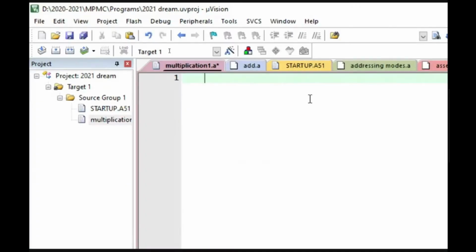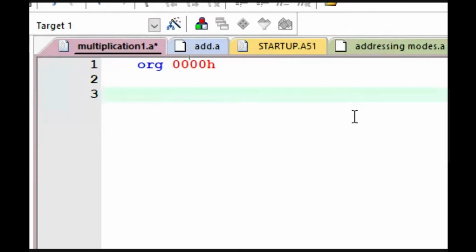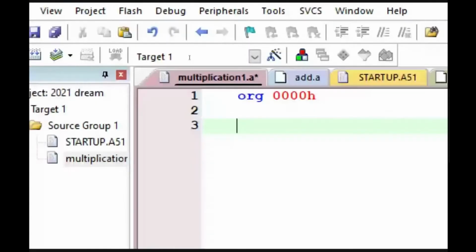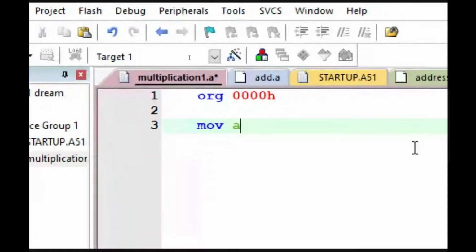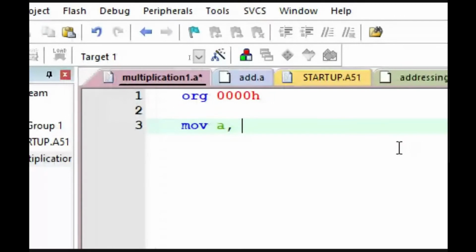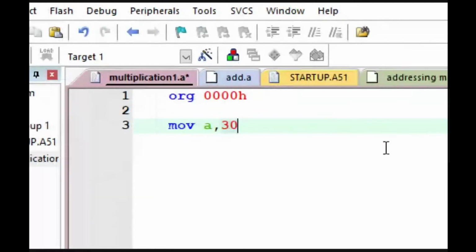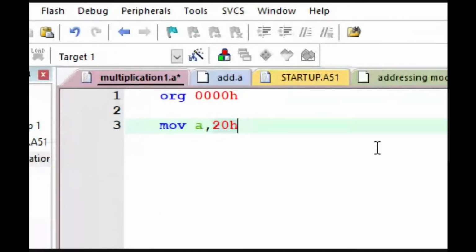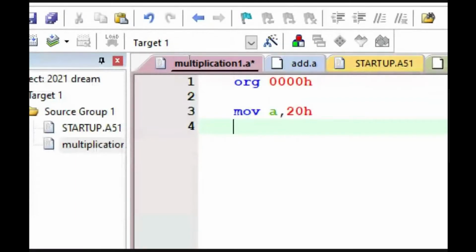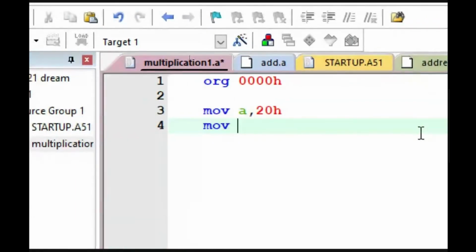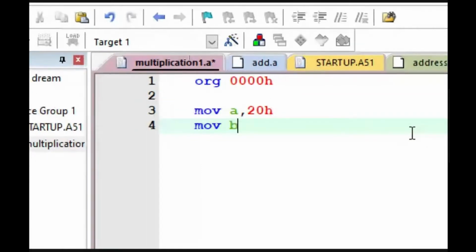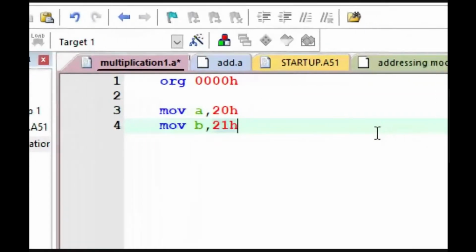We can start our program with an assembler directive called ORG 000H. One of the data to be moved to the accumulator, right? MOV A, 20H. So move the content of the memory location 20 to the accumulator. Move the content of the memory location 21 to the B register, because we are much familiar with the data memory locations 20 and 21.